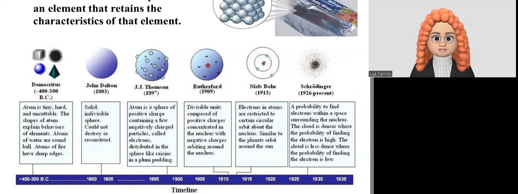His experiment is called the cathode ray experiment. He saw that an atom could be hypothesized to be a sphere that had positive charge, but it had subatomic particles, which he found to be negatively charged.